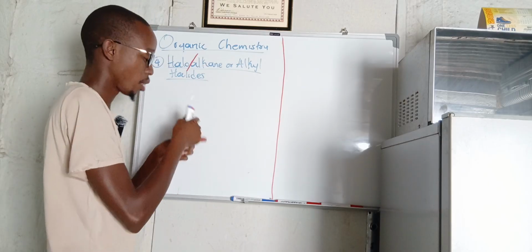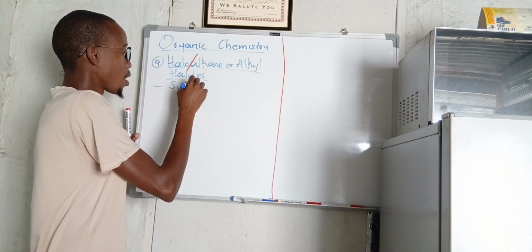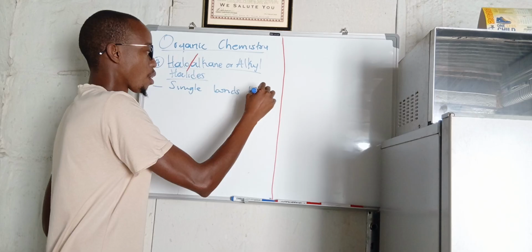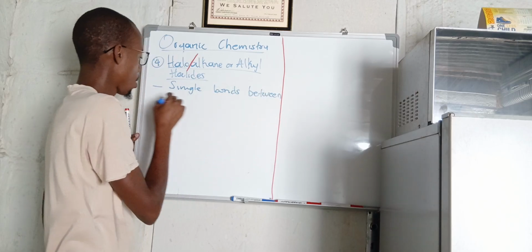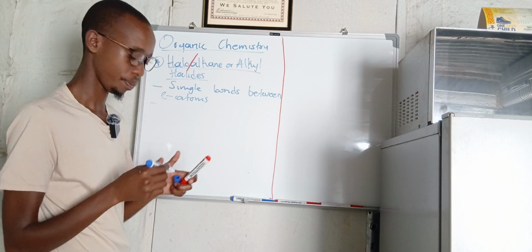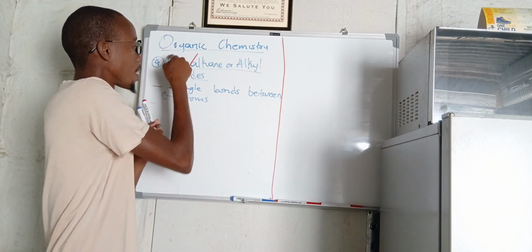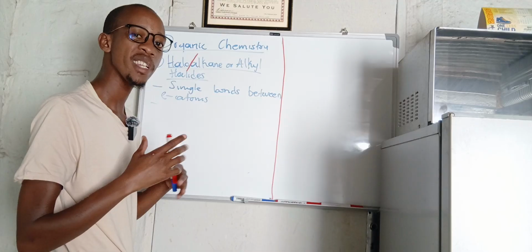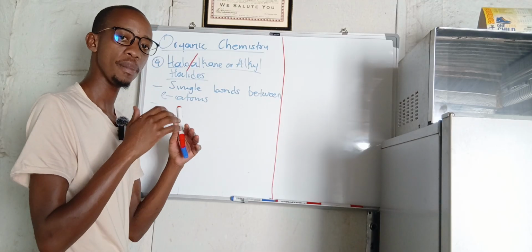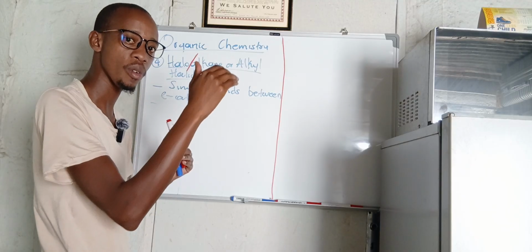Even here, haloalkanes, single bonds between C atoms. Important feature. Now, something else is being added here. The halo. The halo speaks about the halogens. Remember at the beginning of this video, I told you that we will be having a relationship between carbon and different types of elements.